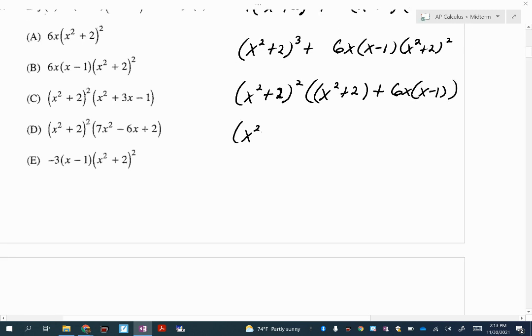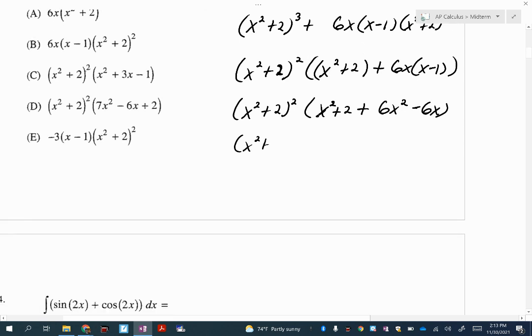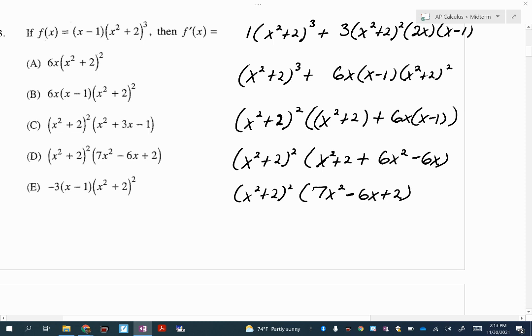If I clean up those inside parentheses, I'll get my answer here. That's x squared plus 2 plus 6x squared minus 6x. Combining like terms inside, I get 7x squared minus 6x plus 2, which if you look at your answer choices, the one that matches up with this is letter D.